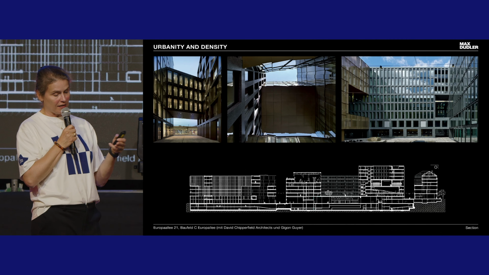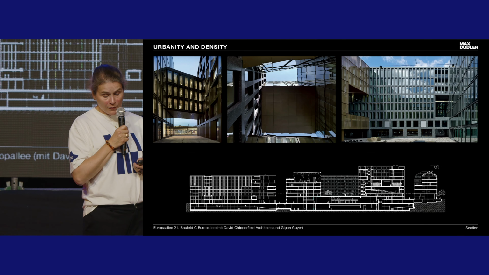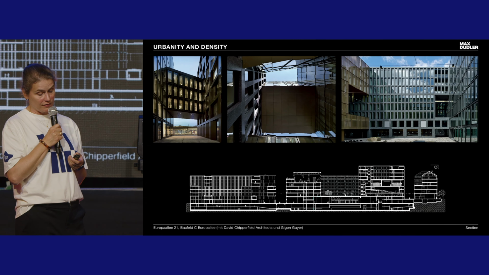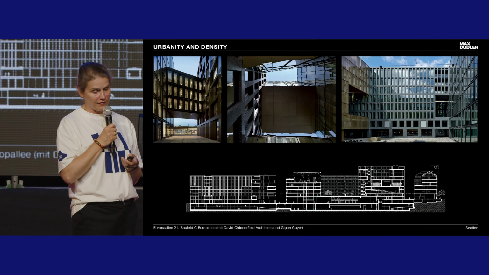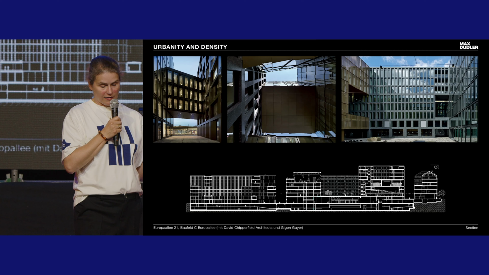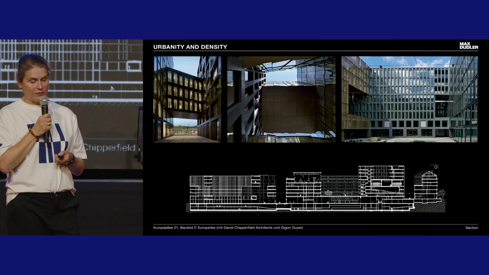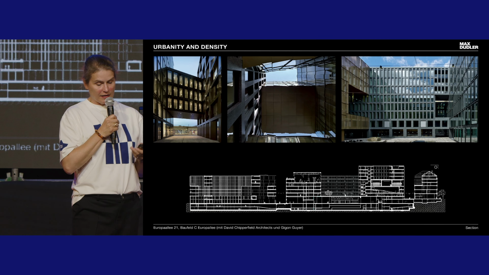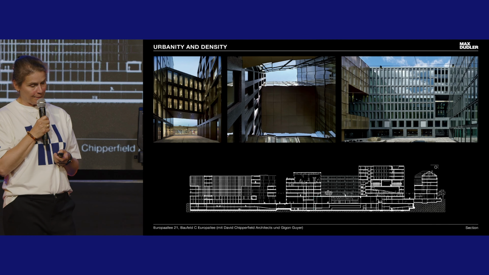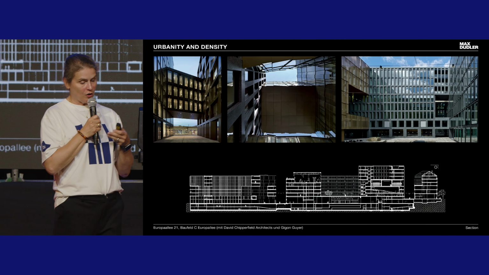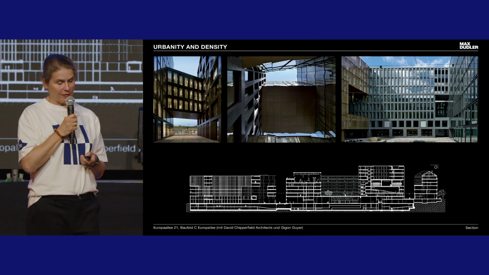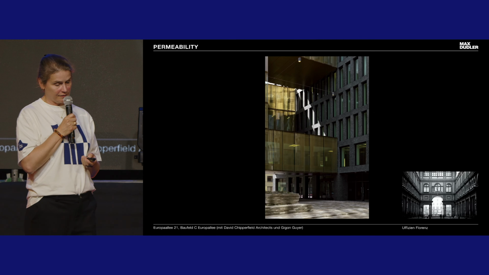You have a shopping mall, you have the lecture hall, the library. It's a very dense and complex building, and it's a very good example of that. Density is a very good way of combining different functions and to have a very sparing use of land.